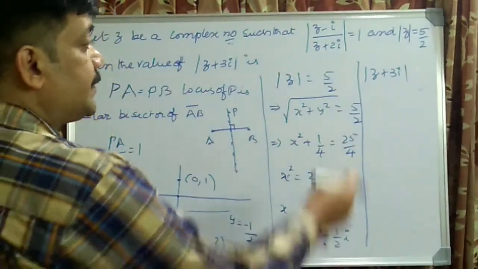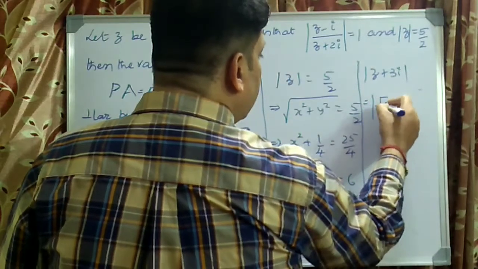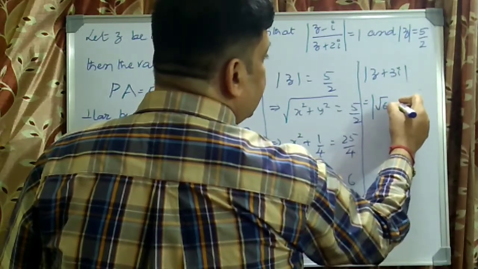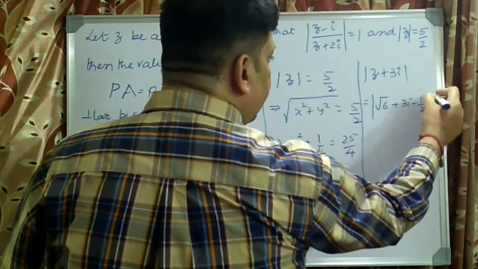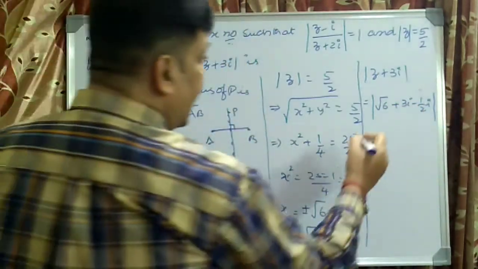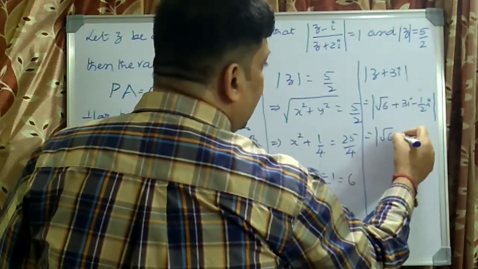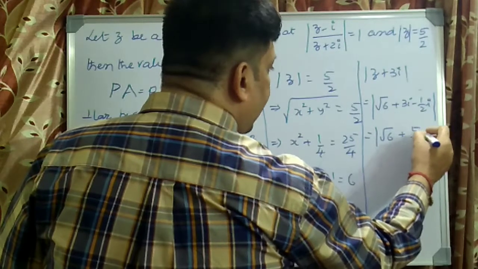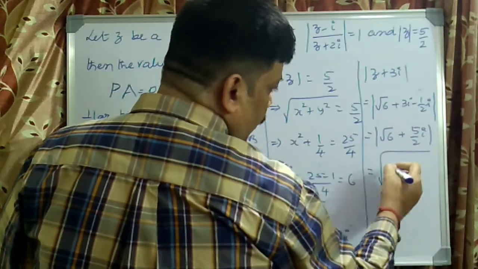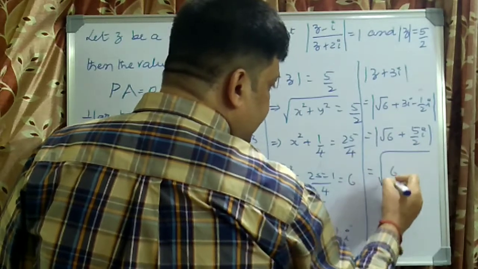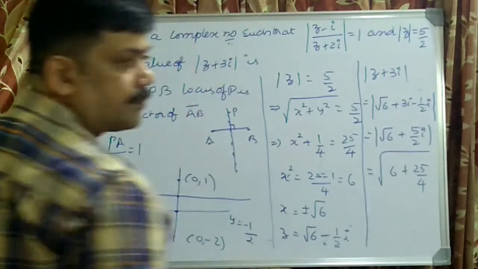Okay, now substitute here. So this is equal to modulus of root 6 plus 3i minus 1 by 2i. So you can see this is modulus of again root 6 plus 5 by 2i. So modulus is whole square, whole root of root 6 whole square is 6 plus 25 by 4.